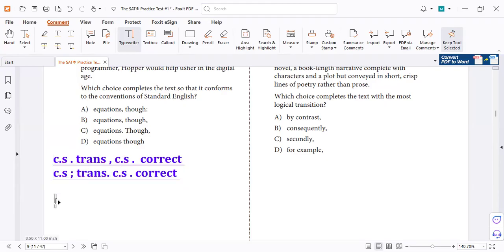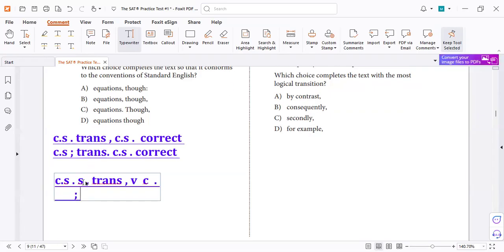We have another rule. Complete sentence. Full stop. And then we can add the transition word in the middle of the second sentence. So imagine it after the subject, comma, transition, and then comma, and then complete your sentence. Full stop. It's the same if I use semicolon. So semicolon equals the full stop.